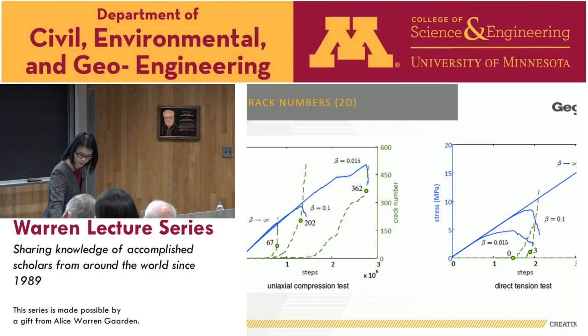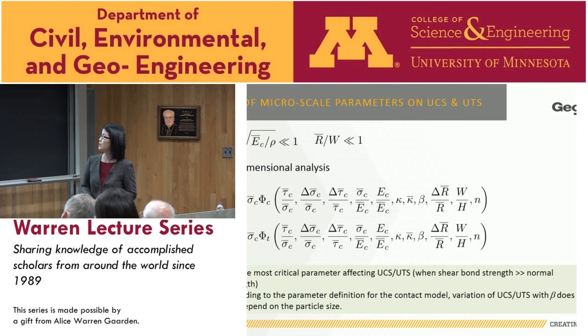Well, if we look at the list of parameters we have, this would be the bond strength ratio, our shear bond over normal bond, and this would be the deviation in the normal bond strength, deviation in the shear bond strength, and that's bond strength over the stiffness or modulus.